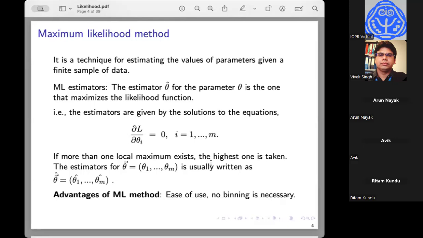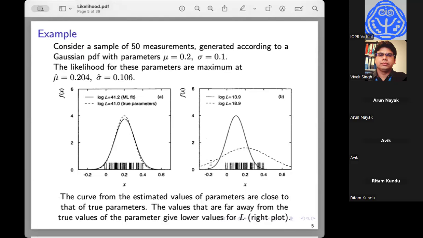But without having that, you can still do the maximum likelihood. You can simply consider the data sample without putting it into a histogram. That's what I mean.